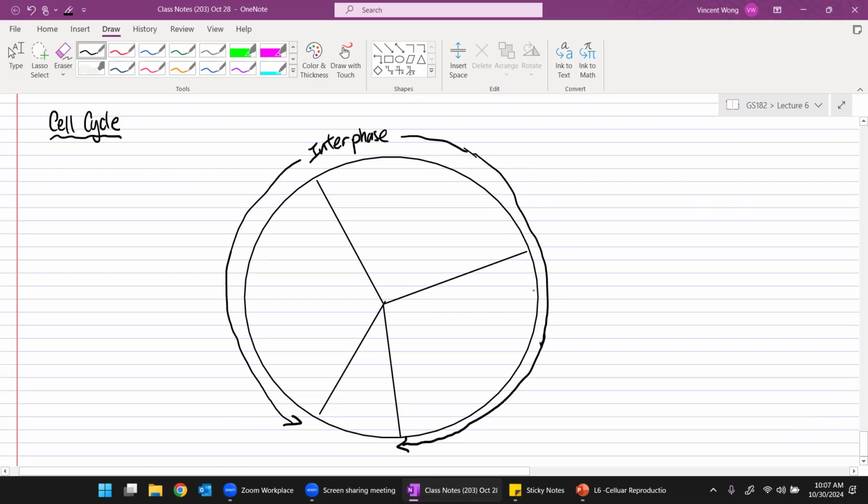So this whole thing is interphase. 90% of the time on average, doing its own thing, growing, gathering resources for the ultimate division.